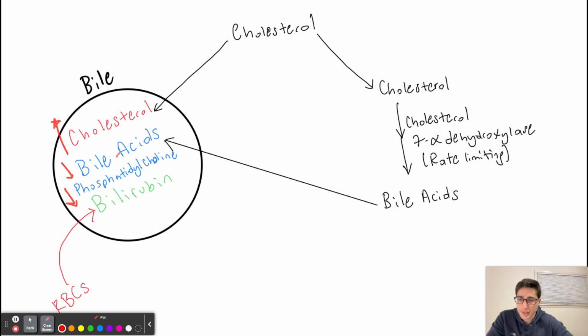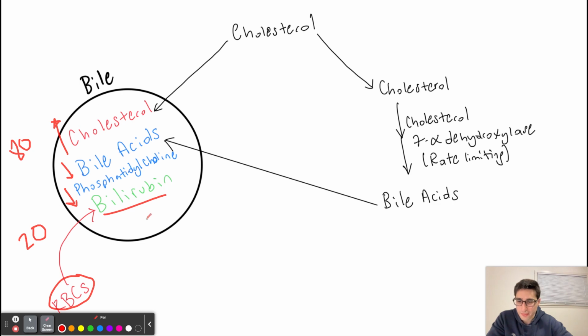Now, what is important to know is that most of the gallstones that patients will present with are going to be cholesterol stones. So 80% is going to be cholesterol stones, and 20% of the gallstones are going to be bilirubin stones. And bilirubin is, remember, going to be produced from the breakdown of red blood cells. So when red blood cells are broken down, we're going to get unconjugated bilirubin.